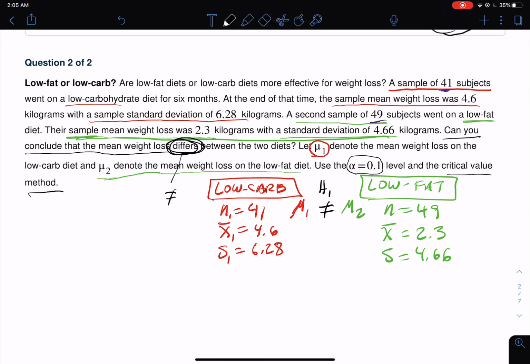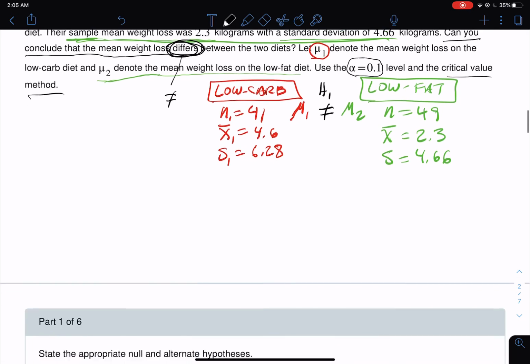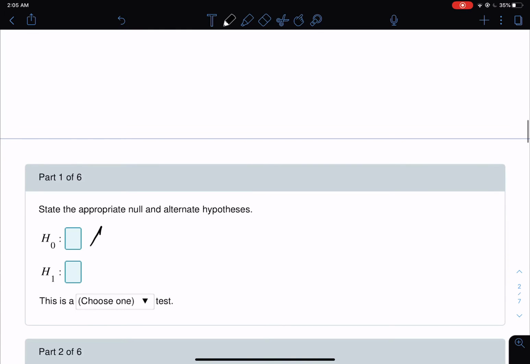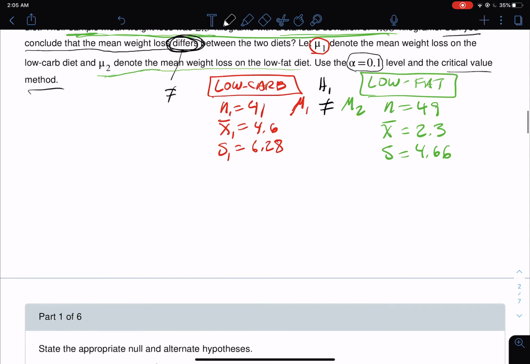All right. So let's see if we can knock this thing out. First of all, we know that the population mean from sample 1, we're going to assume that they're equal. And then our alternate hypothesis is really the harder one to figure out, and there it is right there.